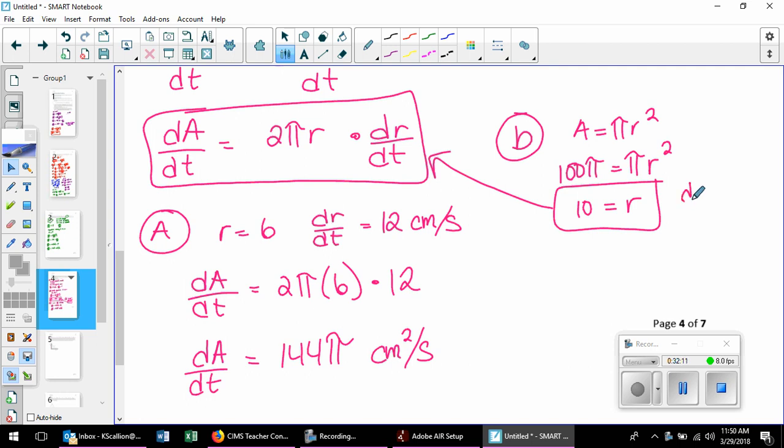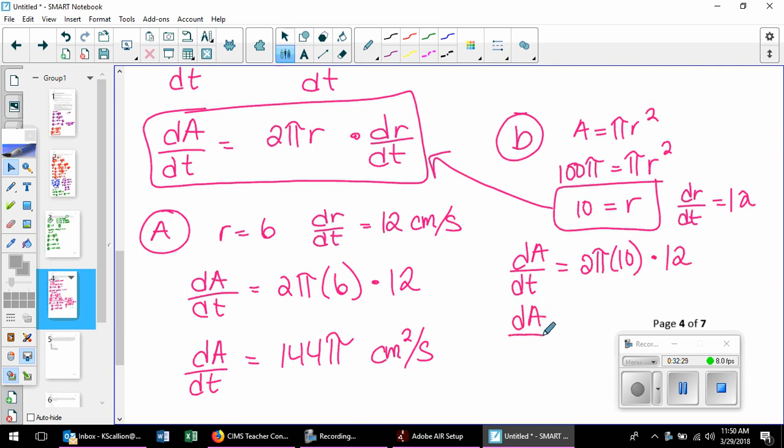We know that dr over dt is still 12. So the rate of the area changing is going to be 2 pi times 10 times 12.